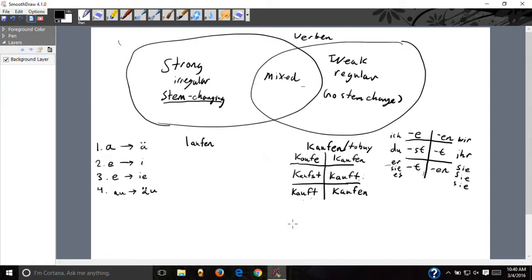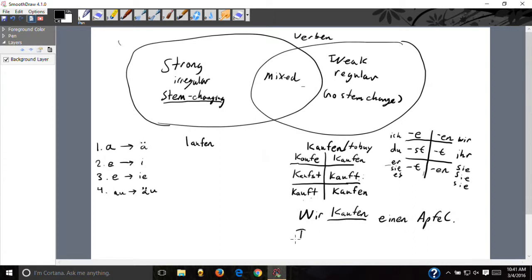And so if I were to put this into practice, if I said wir blank einen Apfel, and I wanted you to properly conjugate this verb, kaufen, according to the subject, it would in fact be kaufen. Wir kaufen einen Apfel.